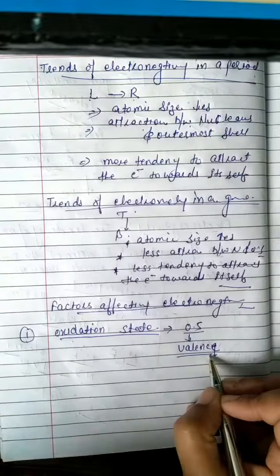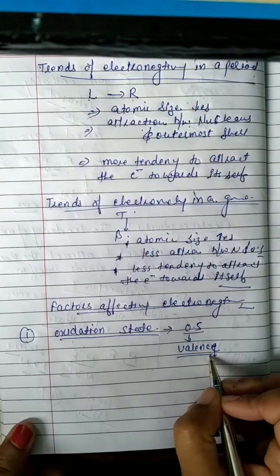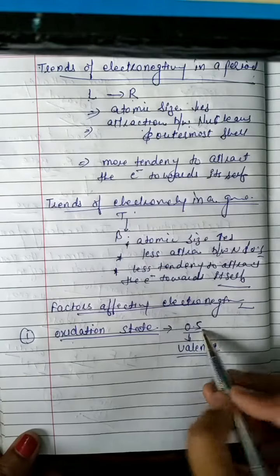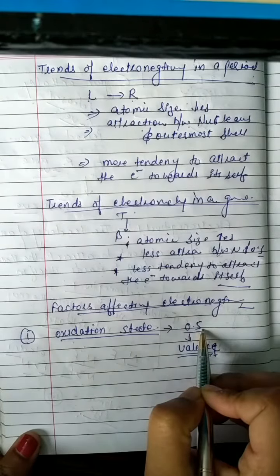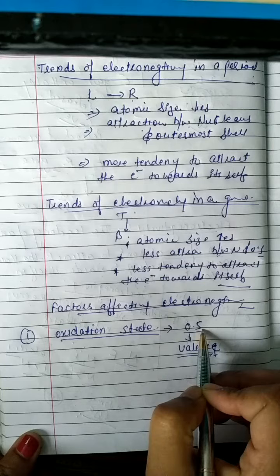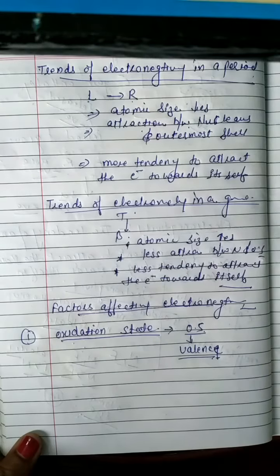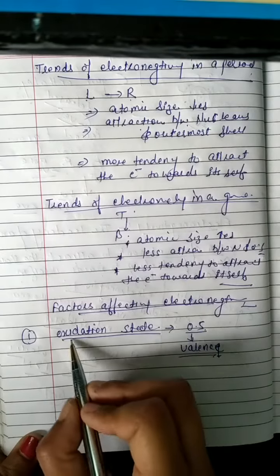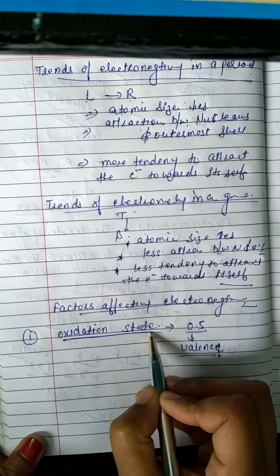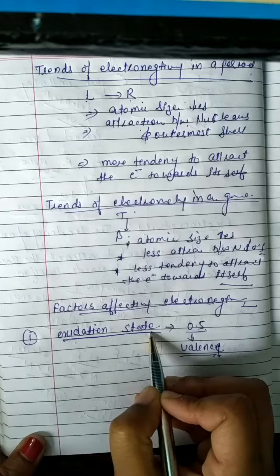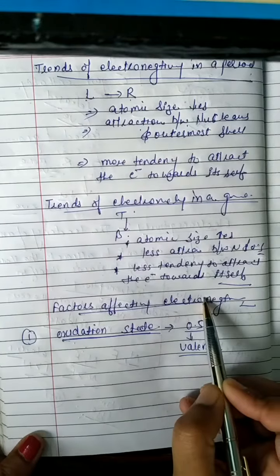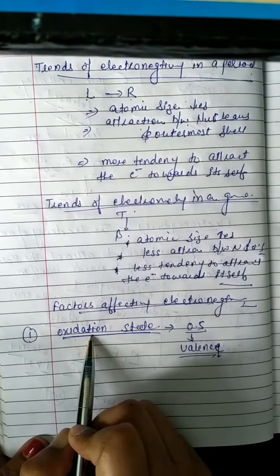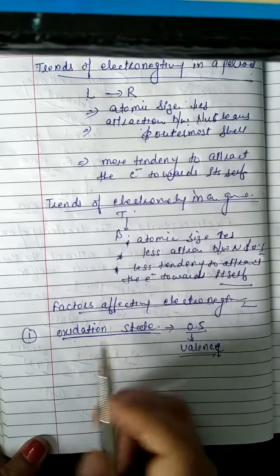Now the new term we use instead of valency and valence electron is the oxidation state. Clear? Now we are using the word oxidation state. Now how does electronegativity depend upon the oxidation state?